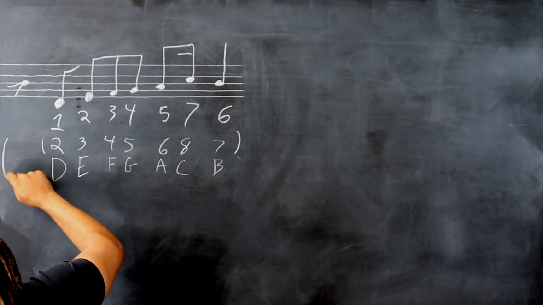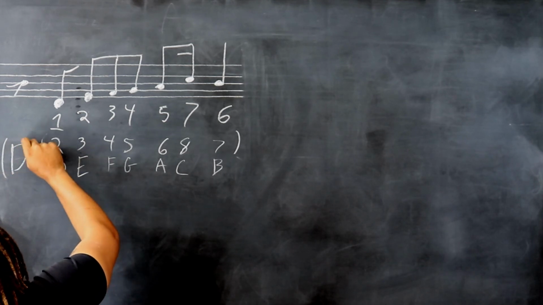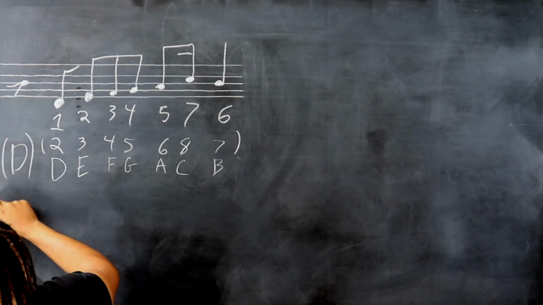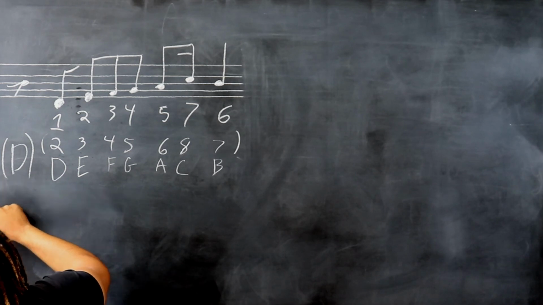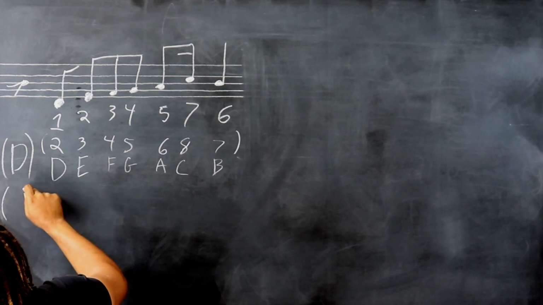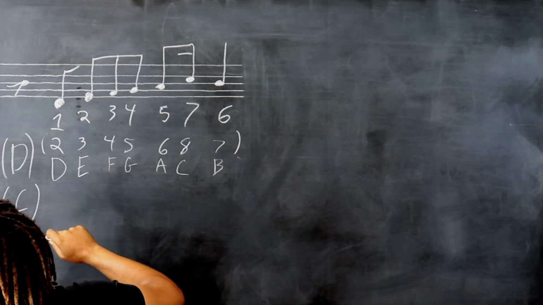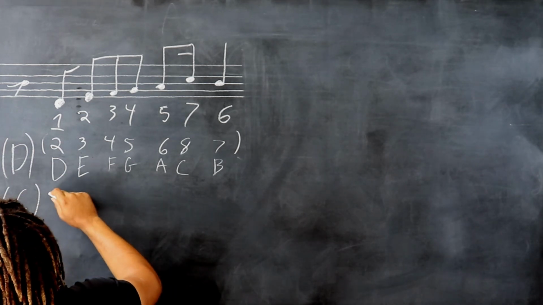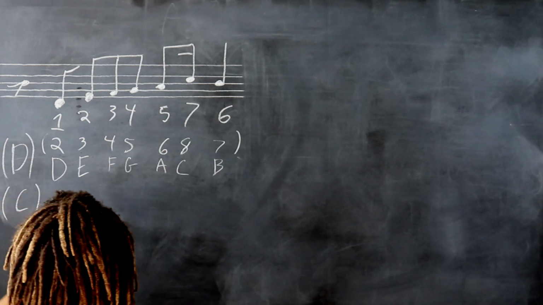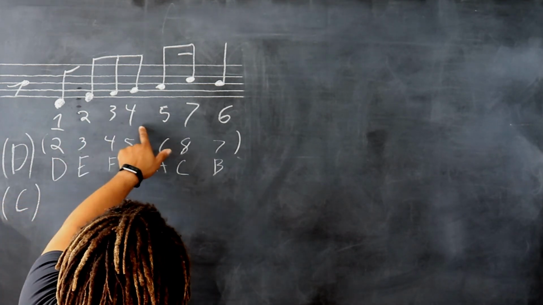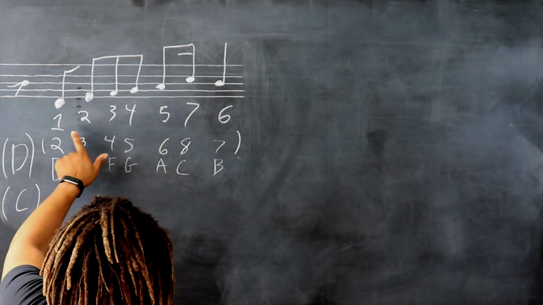So I can put a 1 here and put a D here. Then we go on to number 2. I'm going downward, so we're going down to C. So this C pattern, that would actually be this here.